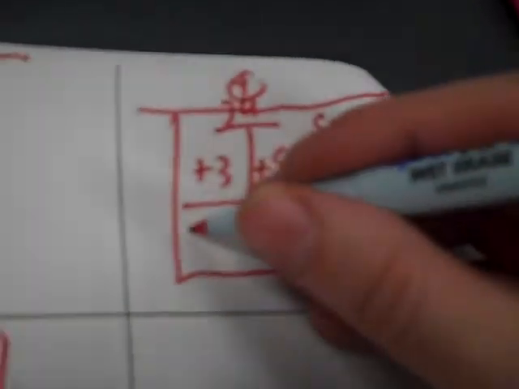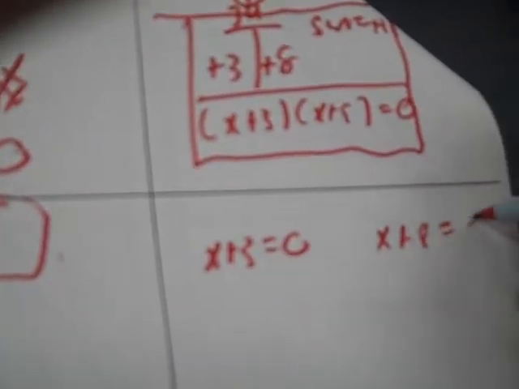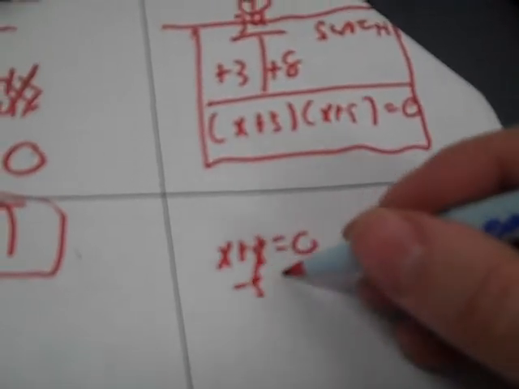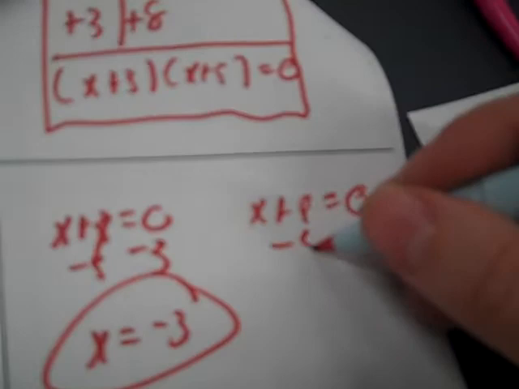It's 3 and 8. So 11, we got positive 8 and positive 3. So A is 1. And that's F1, F2. So x plus 3 equals 0. x plus 8 equals 0. So I take 3 away. And I take 8 away.